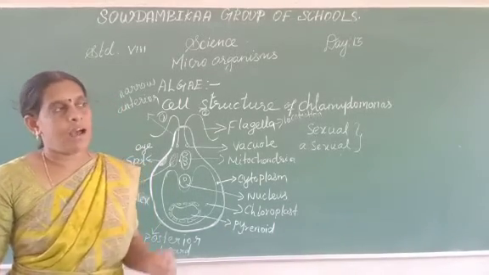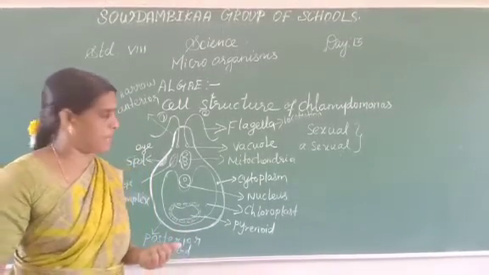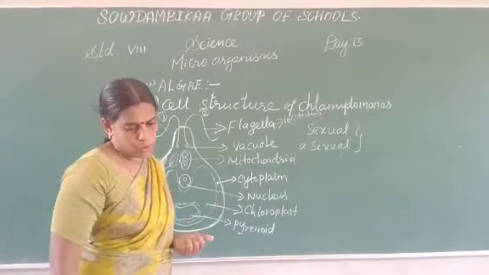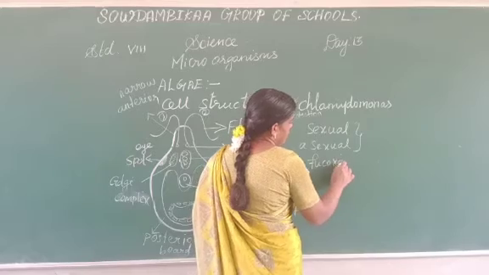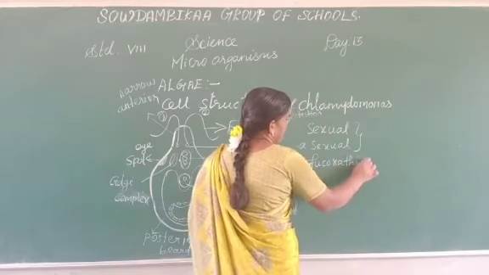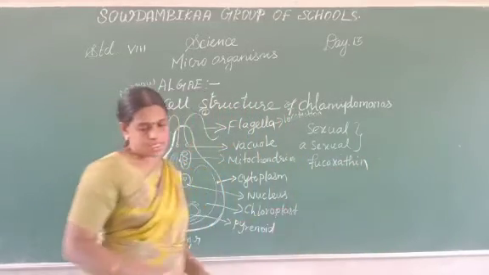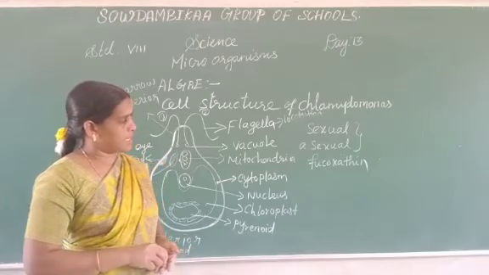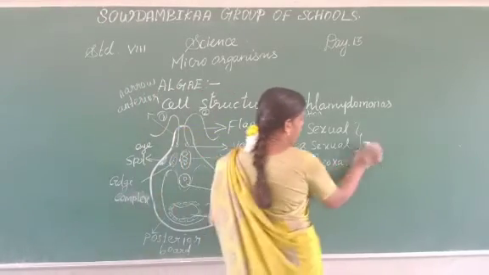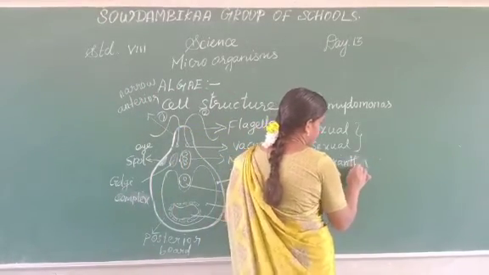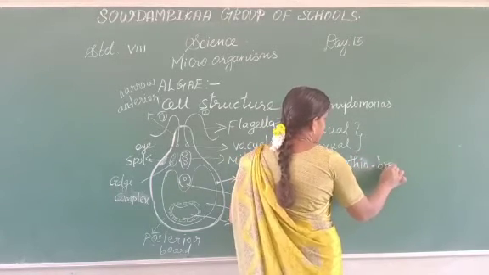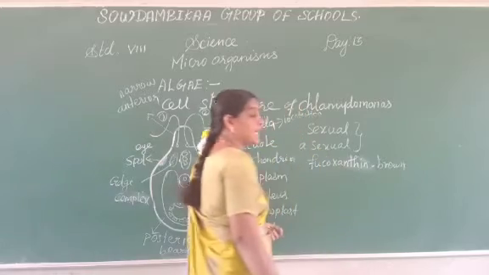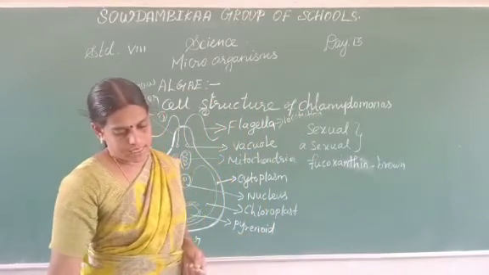Algae have other photosynthetic pigments. First one is fucoxanthin. This is one of the pigments, like chlorophyll. This is the brown pigment. The alga has a brown color.